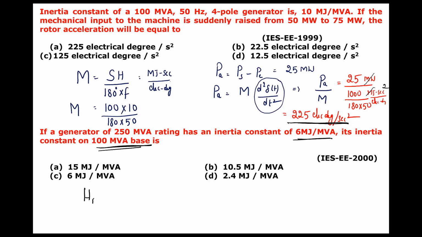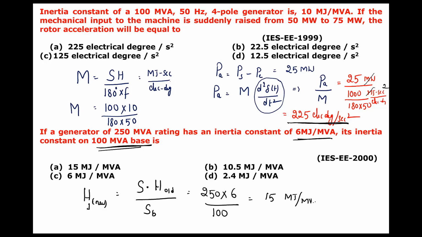H new we can write as S into H old divided by S base. The MVA rating of machine is 250, its own inertia constant is 6, and the base is 100 MVA. If you divide, you're going to get 15. So 15 megajoules per MVA is the inertia constant on a new base of 100 MVA.